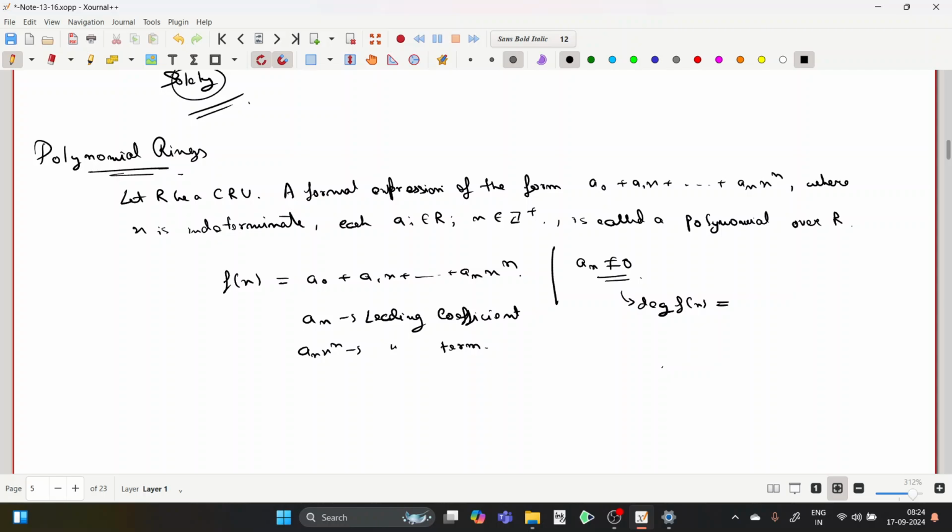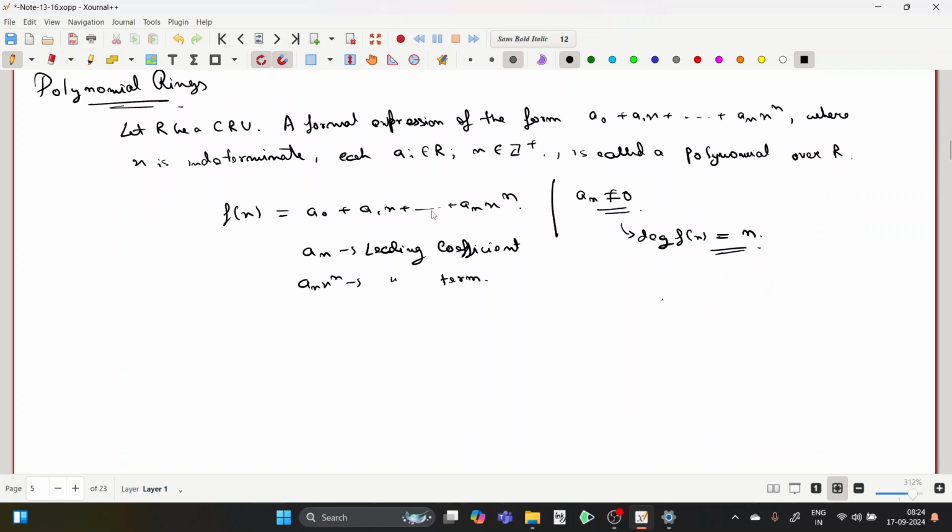So we will always assume that the leading coefficient is non-zero even if not mentioned, and in this case we can define the degree of f(x) to be n. We can also talk about the root of a polynomial, but I guess you should know what a root is.